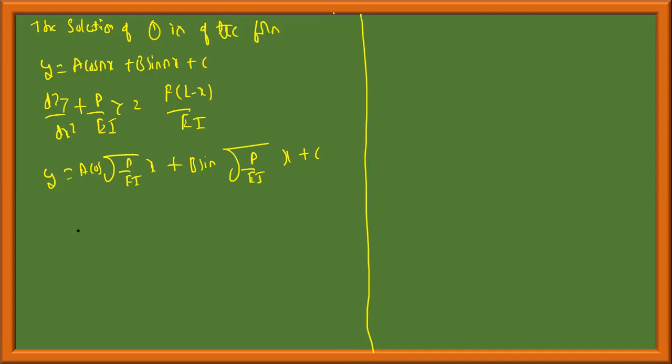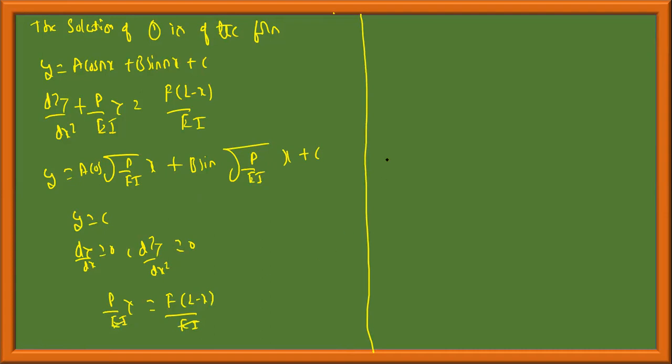For that, let us assume y is equal to c, then dy by dx is equal to 0, then d square y by dx square is equal to 0. Then this will be of the form p by EI into y is equal to f of (L minus x) by EI.